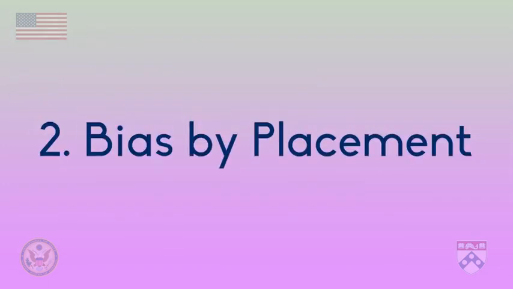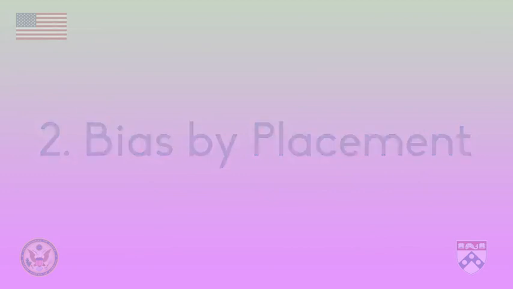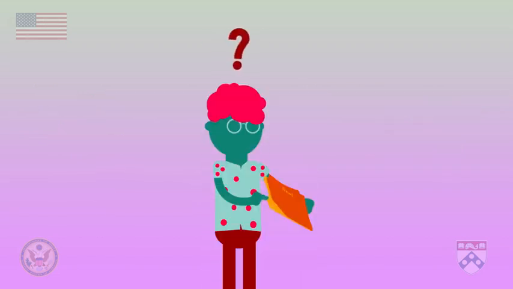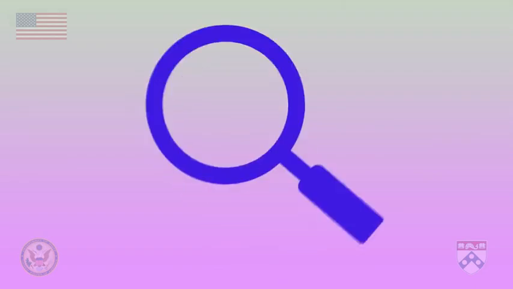Second, if you think you're seeing bias by placement in a media message, you should try to answer this media literacy question. How important is this situation for my daily life or society in general? If something very important to your life doesn't receive important placement in media, then it's time to start searching.